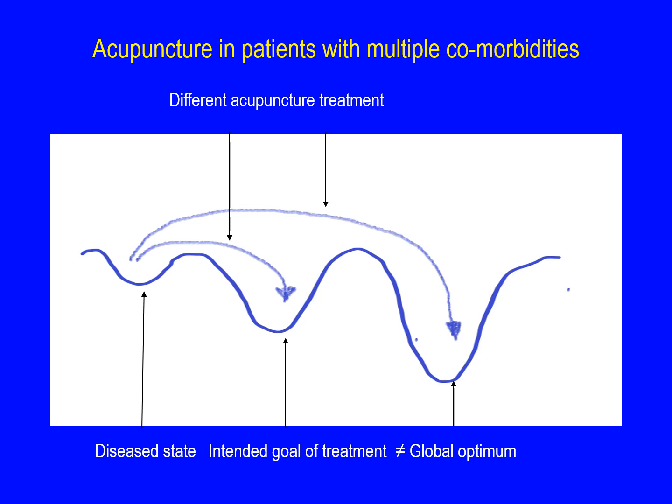And that is why in patients with multiple comorbidities, especially in frail elderly patients, the effect of acupuncture is often mixed, not as good as in the young, healthier patients.